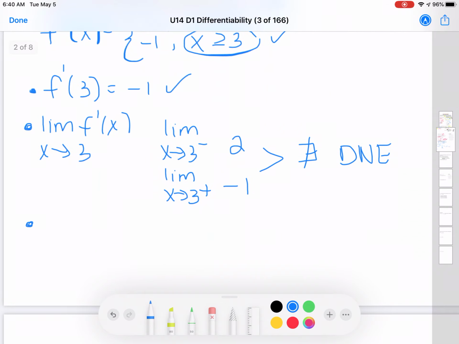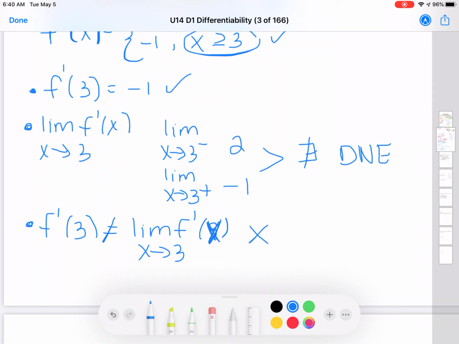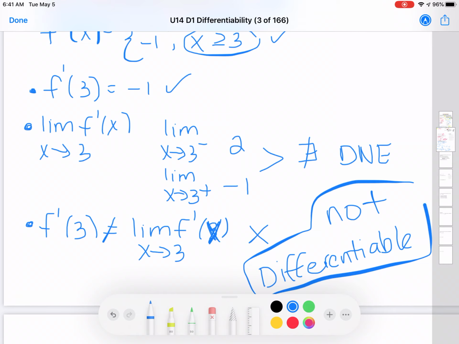So therefore, obviously, but I like to still do it, the function value does not equal the limit. This piece fails, so this is not continuous, so therefore this is not differentiable. Let's write neither here. Okay, not differentiable.